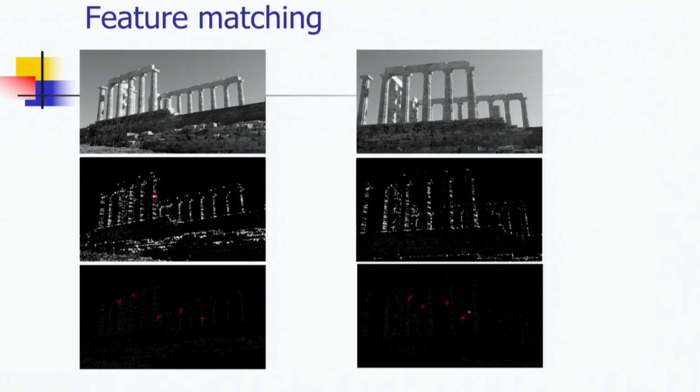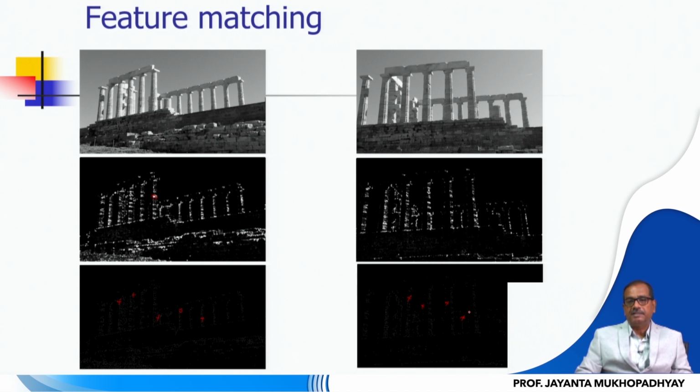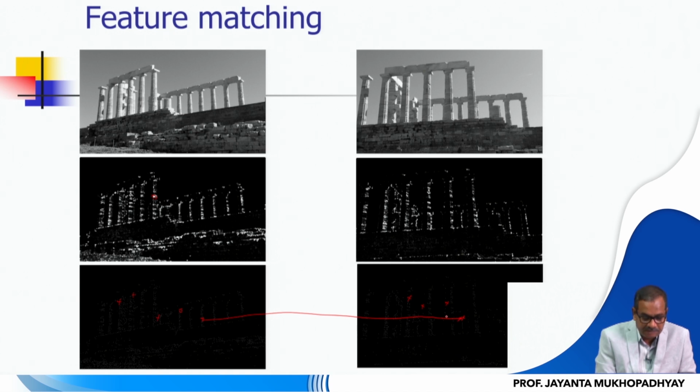Just for the convenience, I am showing these with crosses. Now the problem is which point corresponds to which point. You see that the search space has been reduced significantly, to only a few points. Now your problem is that this point may be matched with this one, and this point with that one, like that.